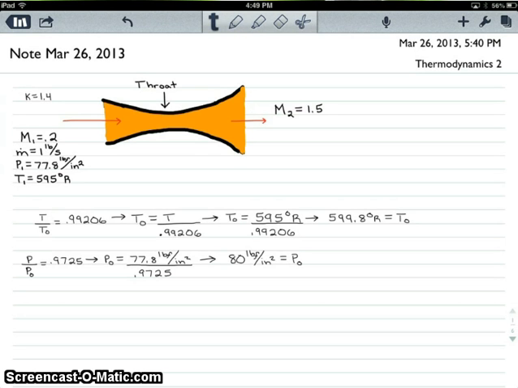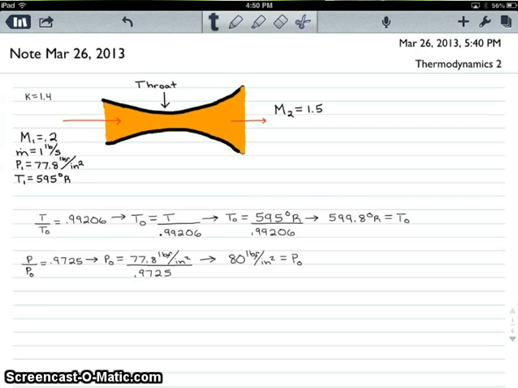So as you work across your problem, you'll find that T naught is equal to 599.8 degrees Rankine. The same scenario with your pressures. P divided by P naught equals 0.9725. As you multiply across and plug in your initial values, you get that the stagnation pressure is 80 pound-force per inch squared.